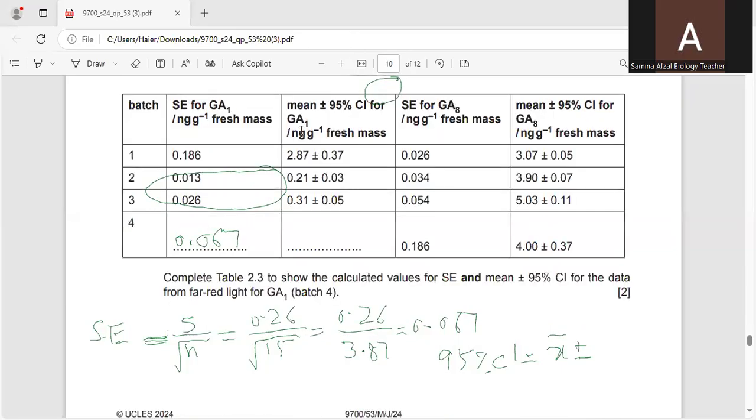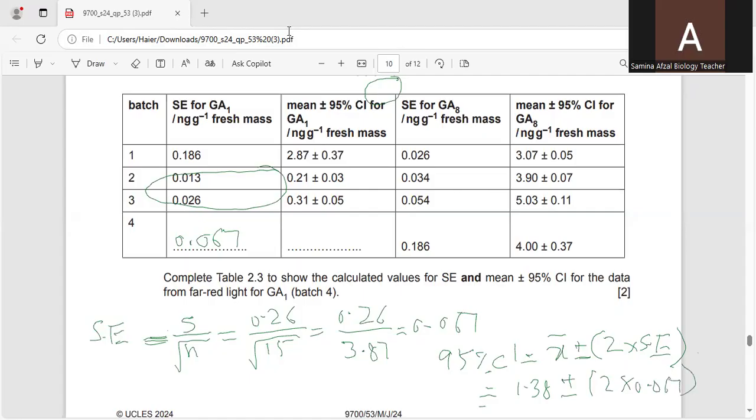So here we will write in this way. So it will be 1.38, which has been given in the table 2. Plus minus, we will multiply 2 into 0.067.